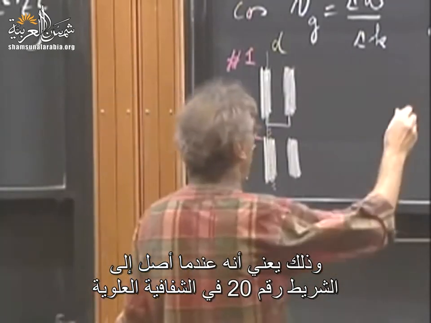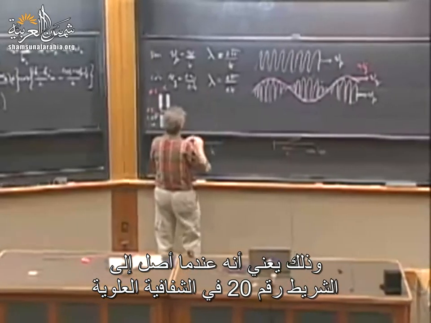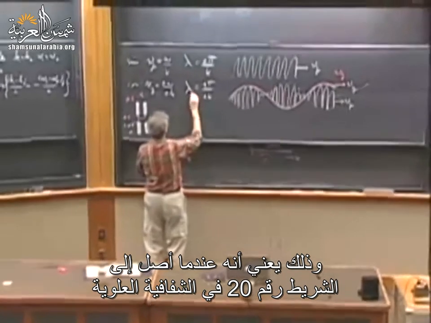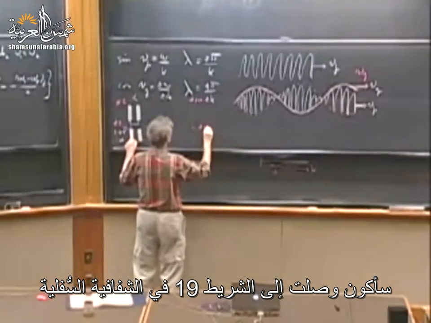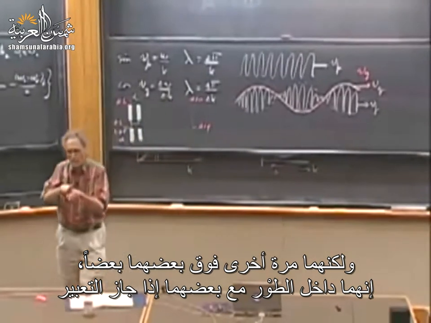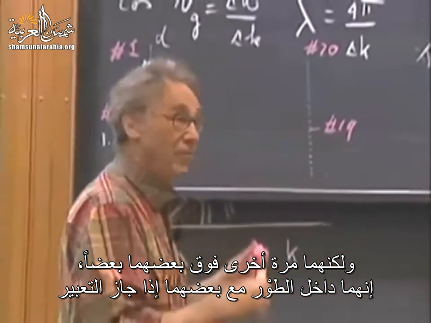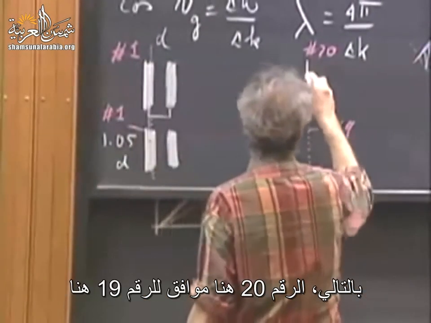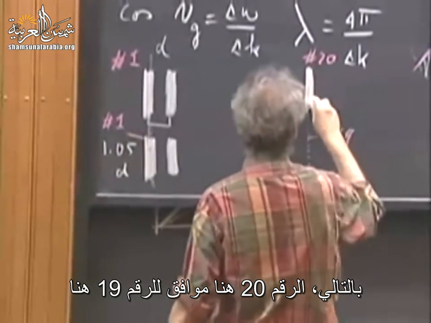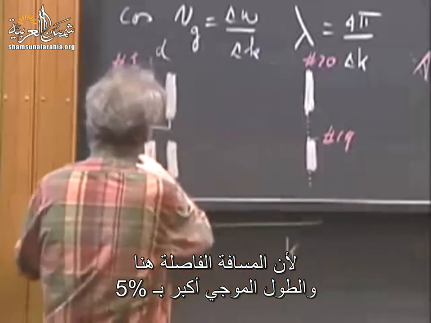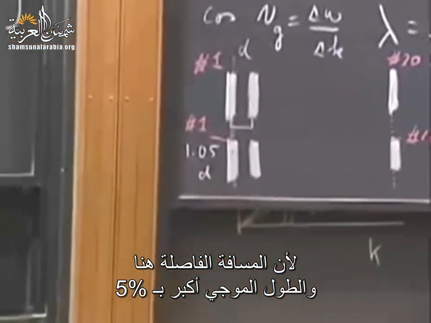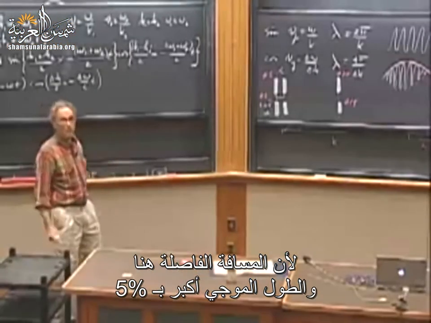So that means when I reach number 20 on my sheet, then I reach number 19 here. But they are again on top of each other. They are in phase, so to speak. So my number 20 coincides with number 19 here, because this one has 5% larger spacing. The wavelength is 5% larger.